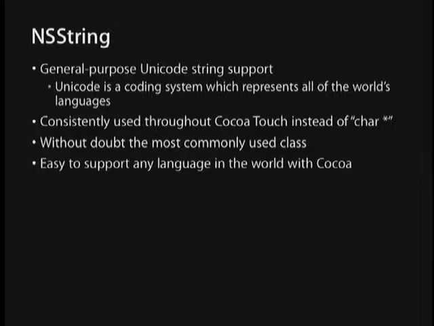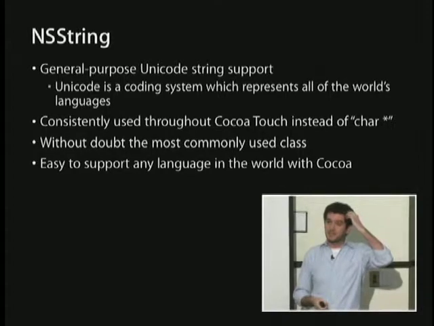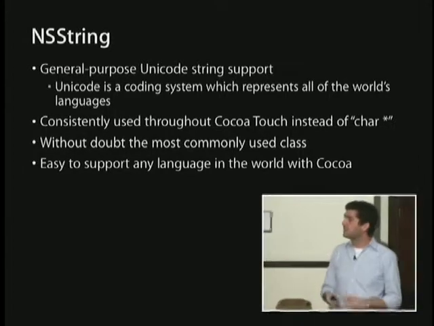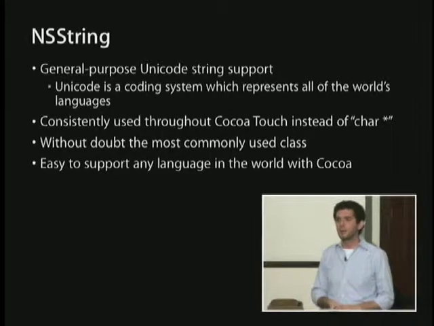Probably the most common thing that you're going to see in terms of objects throughout your system, and when you start running Leaks on your application, which we'll talk about later, it's a tool to let you examine the memory space and what's going on in your app, what objects are allocated. You're going to see a lot of NSStrings, not just your own, but the foundation classes and a lot of the system itself allocates a lot of NSStrings. It's the general purpose string object that is used throughout Foundation, throughout UIKit.